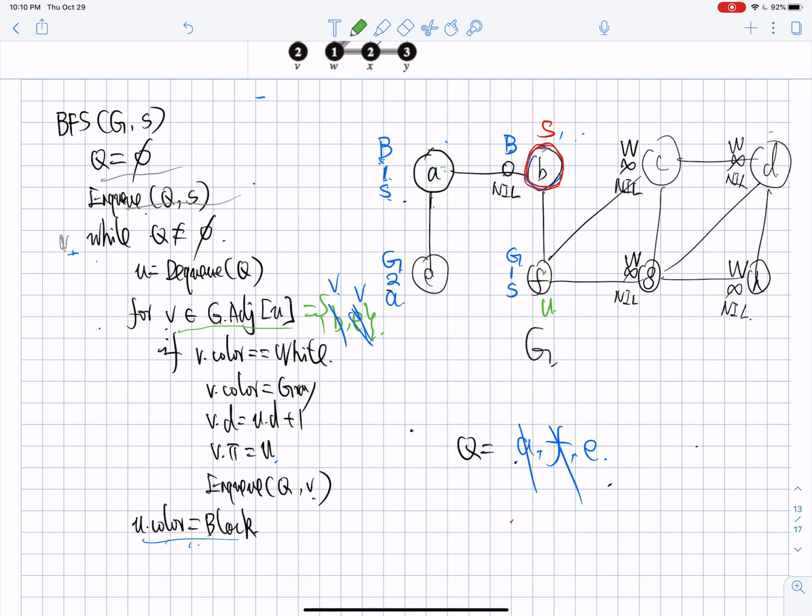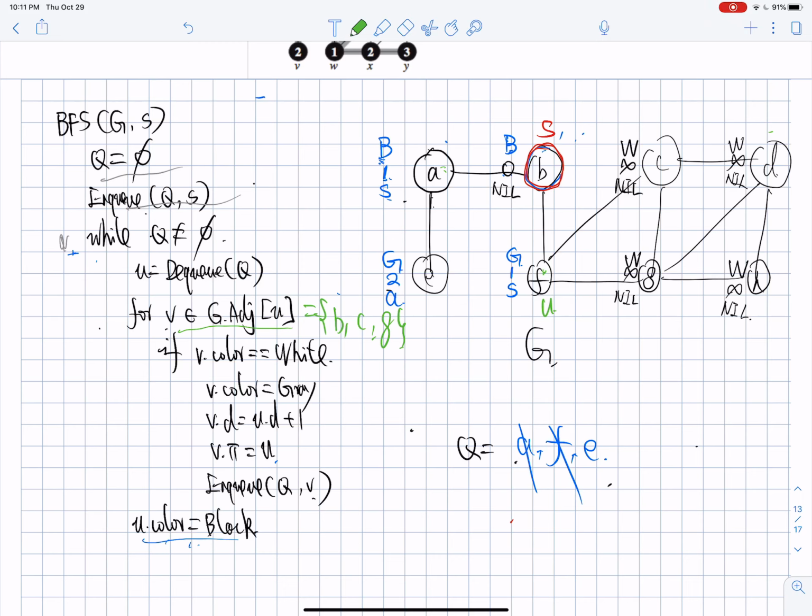And then for each neighbor of u, of F, basically for each neighbor of F. So let's check what are the neighbors of F. For F, its neighbors include B and C and G. Okay, so according to our previous experience, for all of its neighbors, we are only going to do some operation over the neighbor that has a white color.